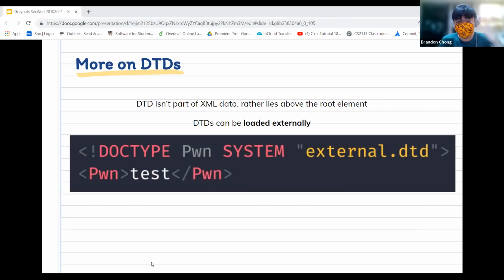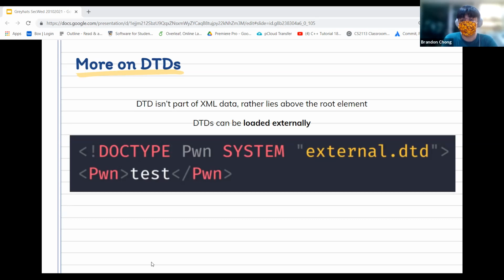Basically, how we can take advantage of this is that we can specify a URL, and at the time of processing, the XML parser will fetch the external DTD which we have specified in our doctype, and it will parse its contents. This is a double-edged sword for most application developers.